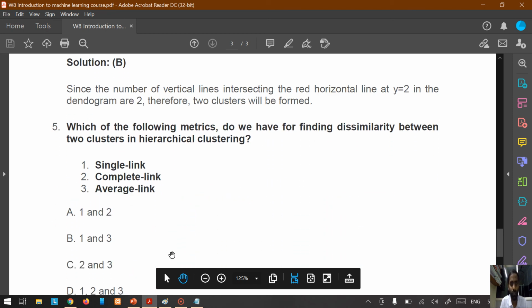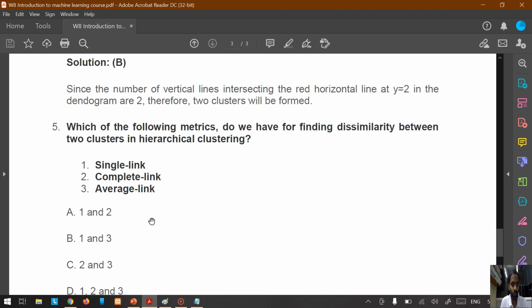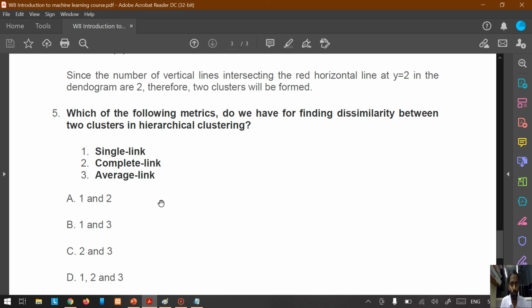Which of the following metrics can be used for finding the dissimilarity between two clusters in hierarchical clustering? Single link, complete link, and average link. Generally, hierarchical clustering works based upon a tree structure, with either a top-down or bottom-up approach. In agglomerative hierarchical clustering, the dissimilarity between two clusters can be found using single link, complete link, and average link.